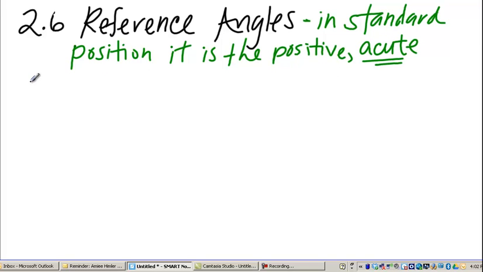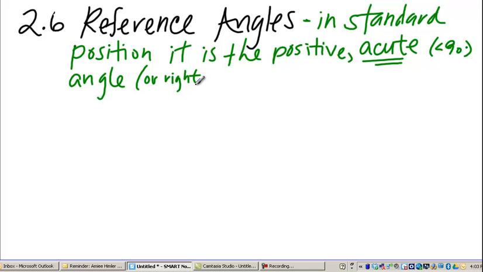We all know what acute means. If you don't, it's less than 90 degrees. So the positive acute angle, or it can be a right angle.